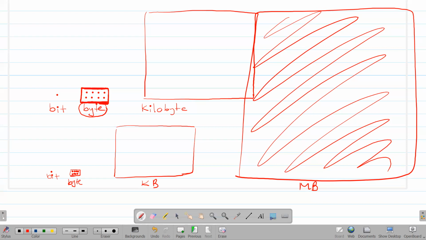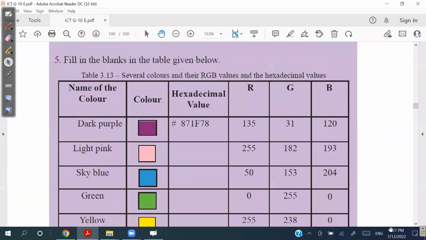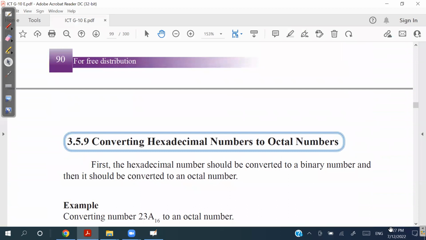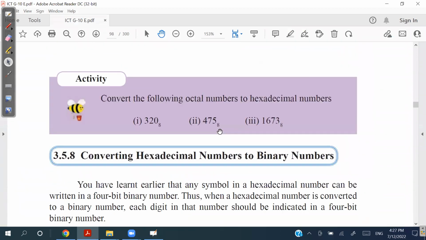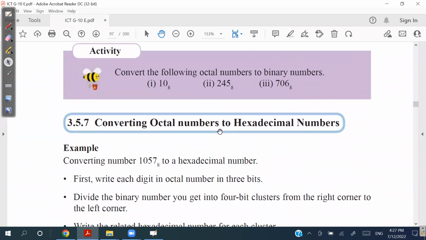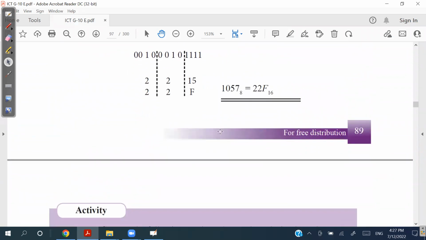Sanushi 357 and 359. Let me check what you are asking for. Yeah, Sanushi, 357 is converting octal into hexadecimal numbers. That's something that you have to do by thinking.